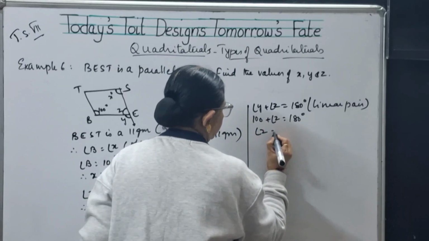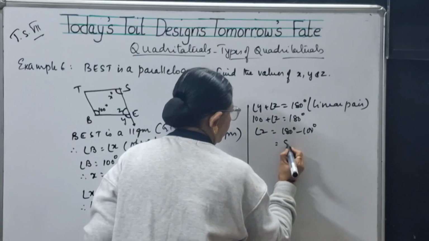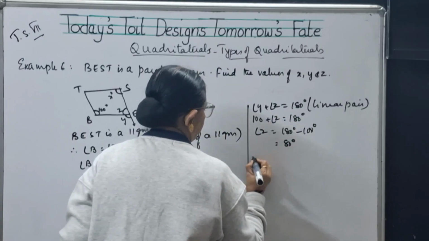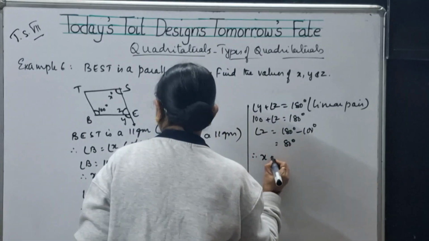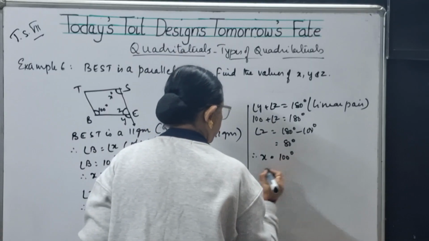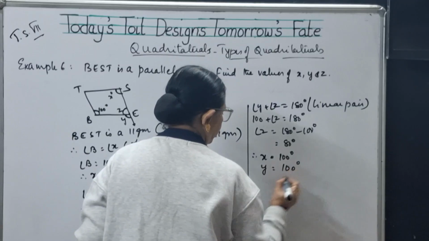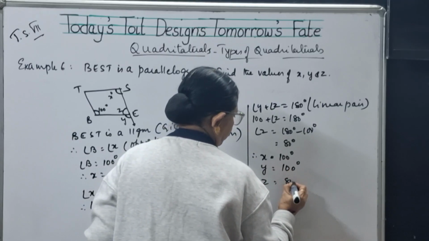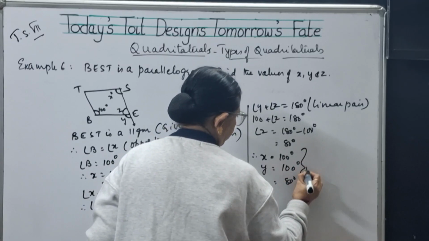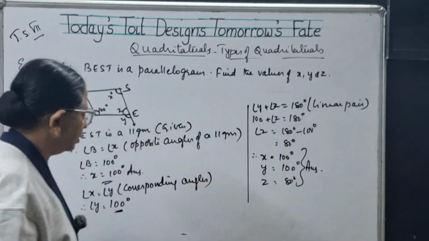So what is angle Z? 180 degrees minus 100 degrees, that is 80 degrees. Therefore, X is equal to 100 degrees, Y is equal to 100 degrees, Z is equal to 80 degrees is the answer for this problem, children.